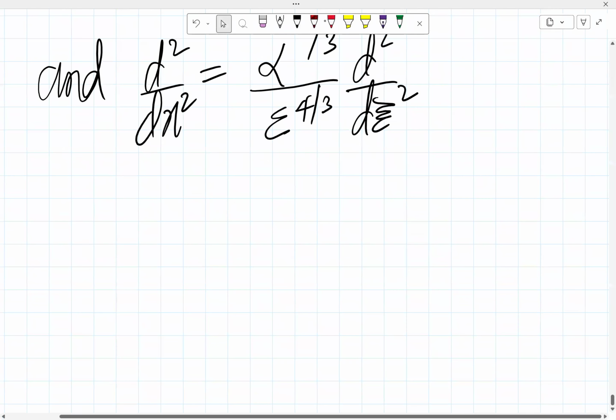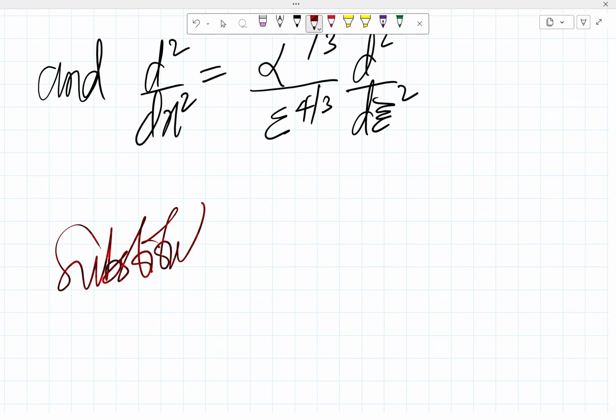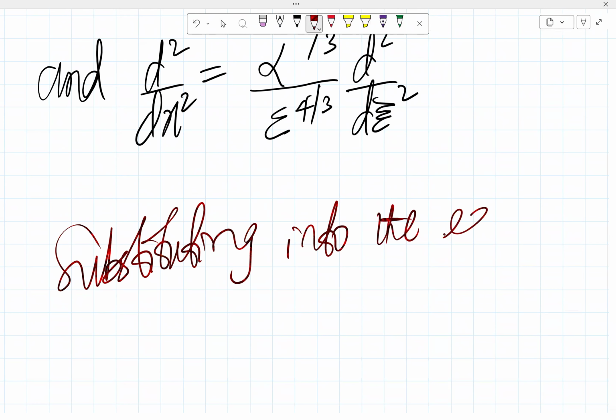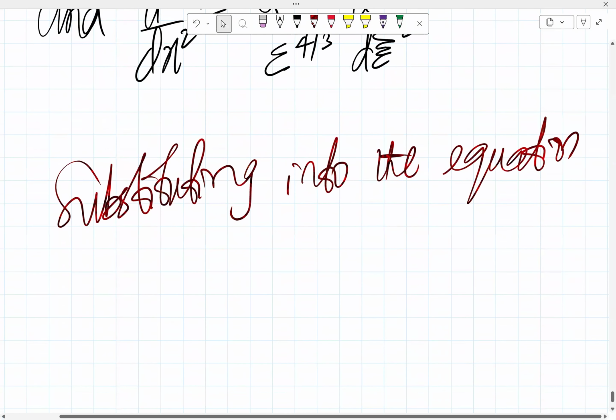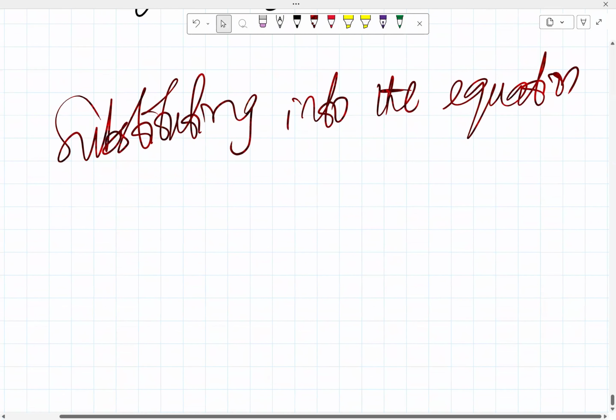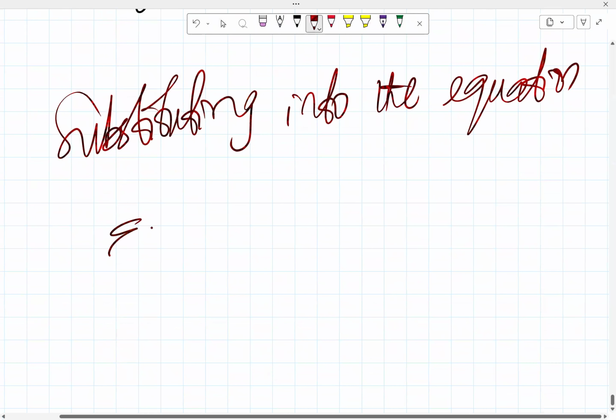So substituting into the equation, we then have epsilon squared y prime prime.